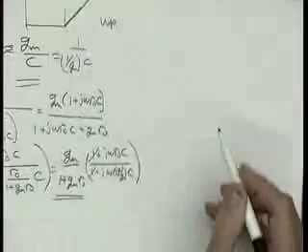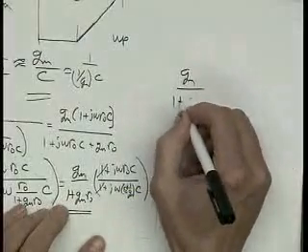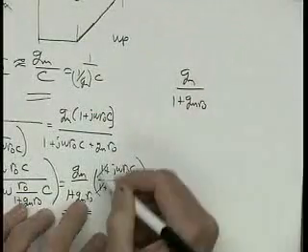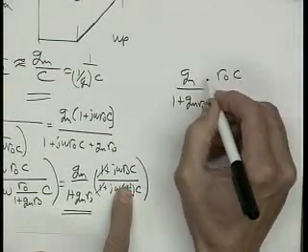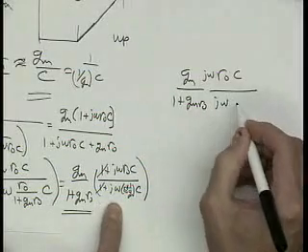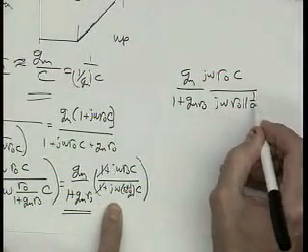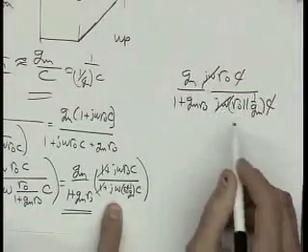Well, you can figure it out. Should I figure it out? Yeah, I'll figure it out. gm over 1 plus gm R0. At very high frequency, this will be equal to j omega R0 C over j omega R0 parallel with 1 over gm C. Well, the C's cancel, the j omegas cancel.